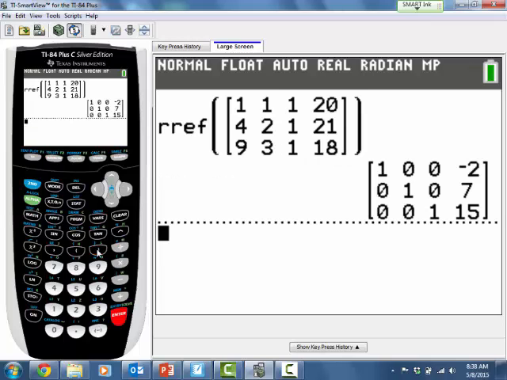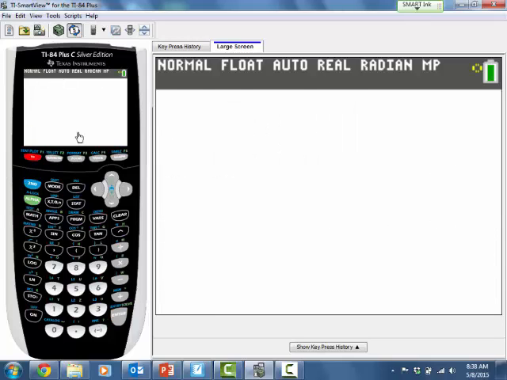So we know our A is -2, our B is 7, and our C is 15. So we can go back and write that in the quadratic. We can go to y equals and just use our table to find out what the y value is when x is 4.